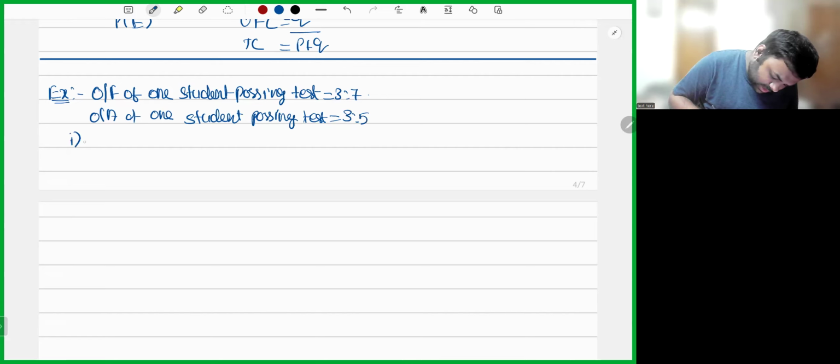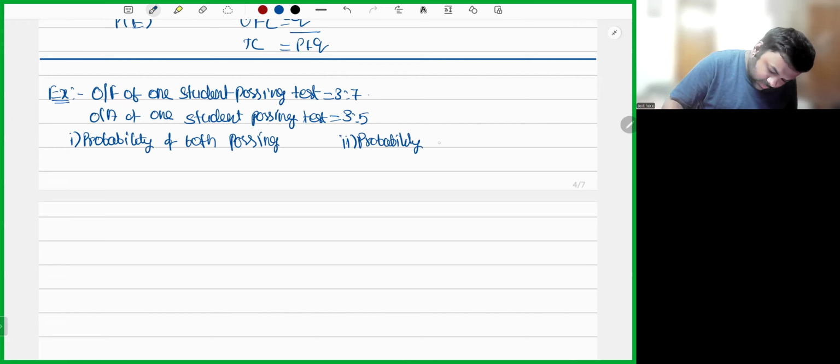First, he's asking the probability of both passing. Next, he is asking the probability of both failing.